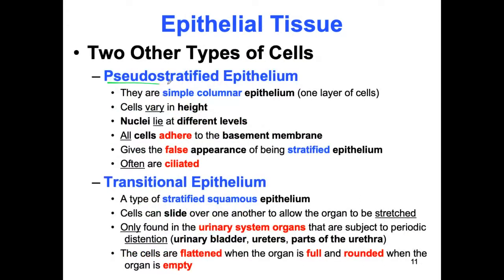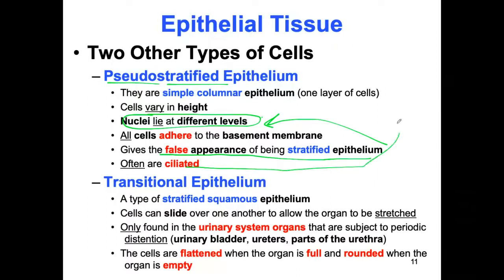The pseudo stratified, remember, this is when we see the nuclei at multiple levels, they vary, and it has this false appearance of being stratified because the nuclei are at different levels. And often where we have pseudo-stratified, we're going to call it pseudo-stratified ciliated columnar epithelium.